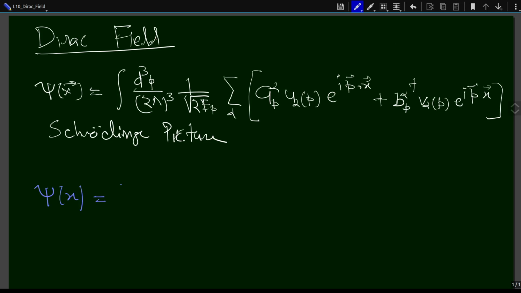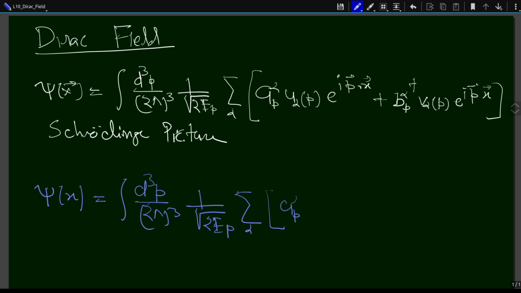This is just the time evolution of this guy, and time evolution is done through the free Hamiltonian, which we are yet to compute, but we can confirm it later. d^3p over (2 pi)^3, 1 over square root of twice E_p, sum over alpha, everything remains roughly the same, a_{p alpha} u_alpha(p) exponential minus i p dot x.